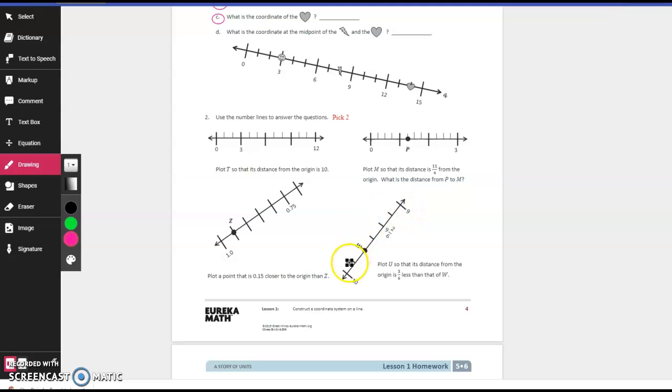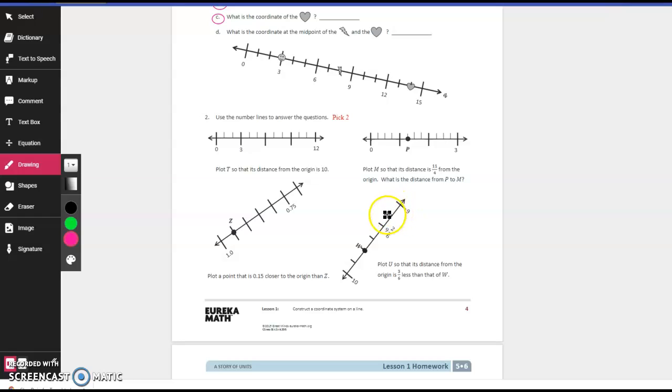So here's W, here's 10, and here's 9. From here to here is jumping one whole number, which means that each one of these lines is a fraction of the whole. How many lines are there? 1, 2, 3, 4, 5, 6. That tells us that each of these are 1/6 marks.